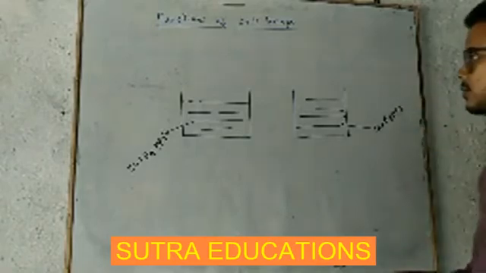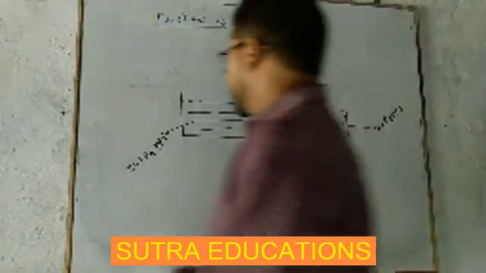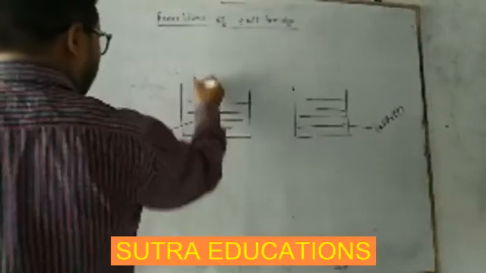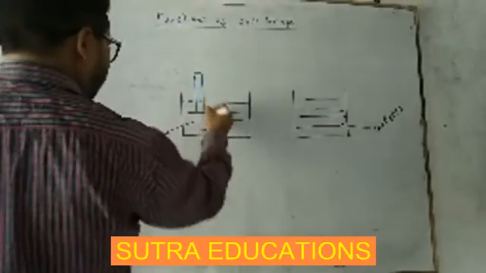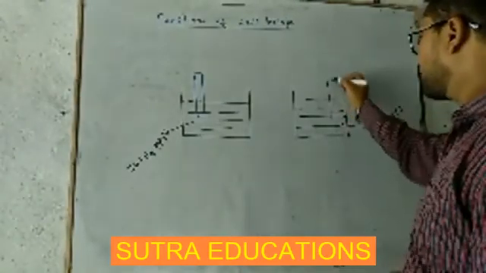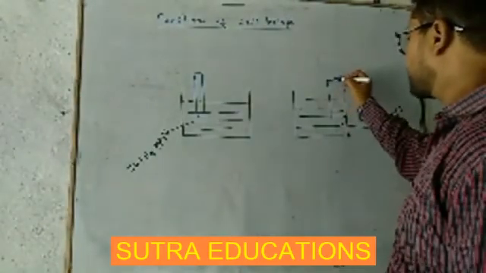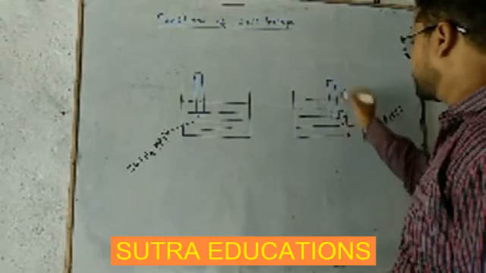Then I told you if it is ZnSO4, then the electrode we are going to use is zinc metal, and if it is copper sulfate, then the electrode which we are going to use is copper metal.